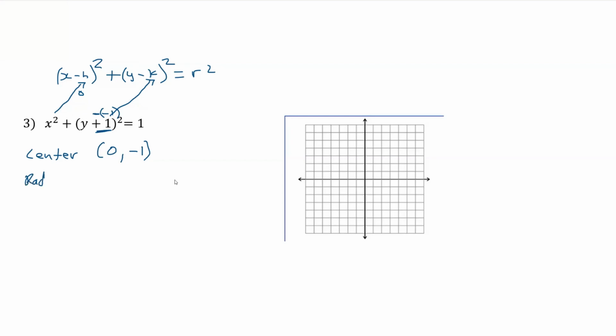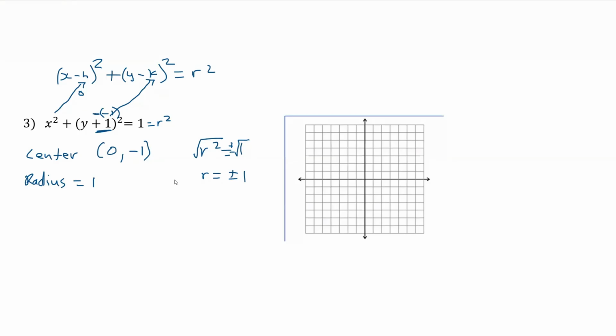The radius, remember this number here is r squared. So if r squared is 1, then take the square root of both sides, then r is plus or minus 1. The square root of 1 is 1.